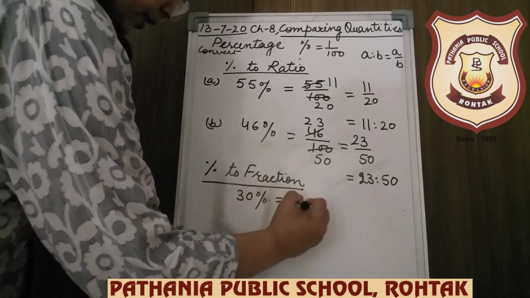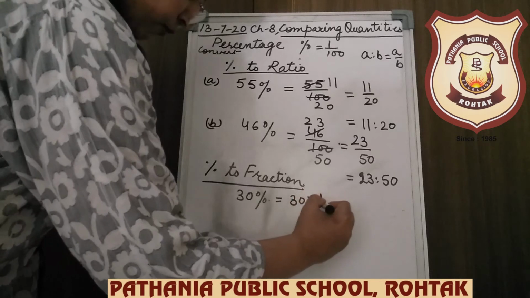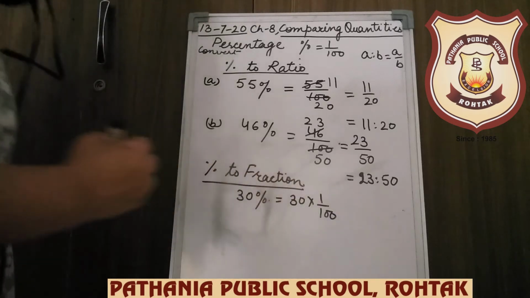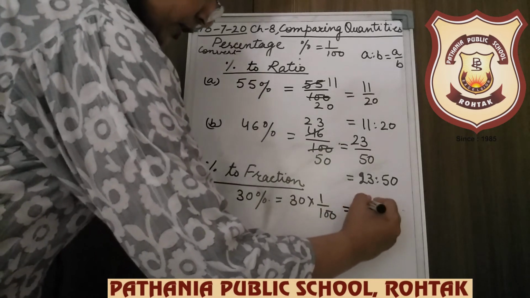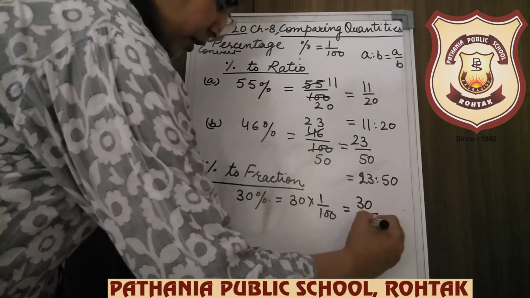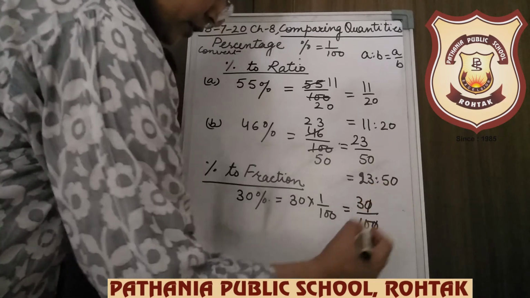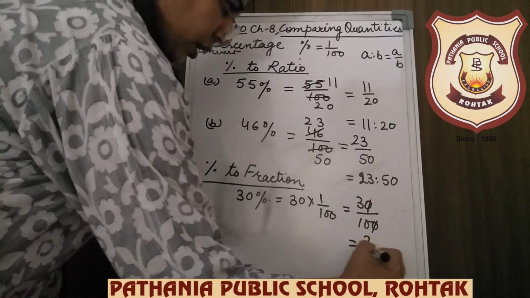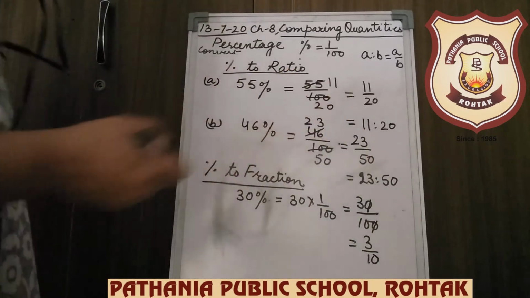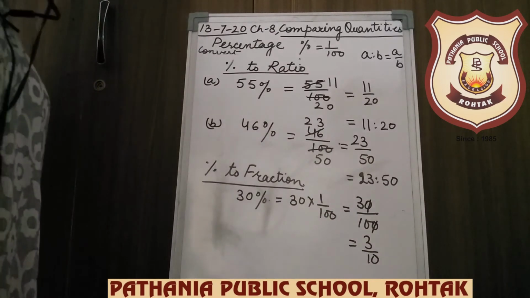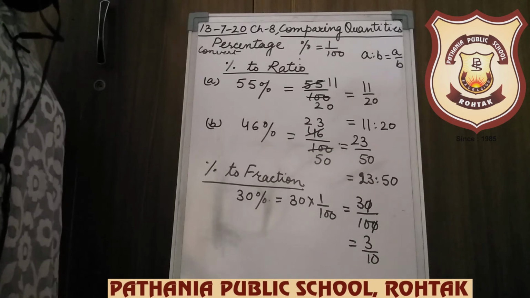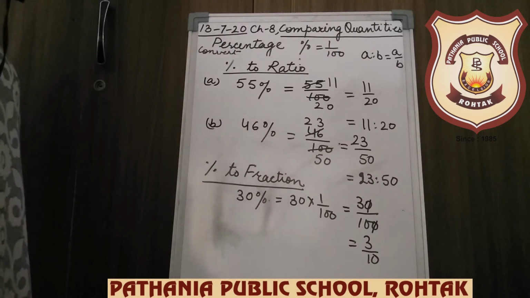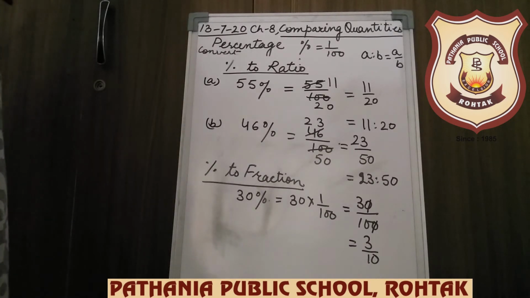This means 30 multiplied by 1 upon 100. So means 30 upon 100. So this is 3 upon 10. You need percent to be converted to fraction. So this is the way of converting it to fraction.